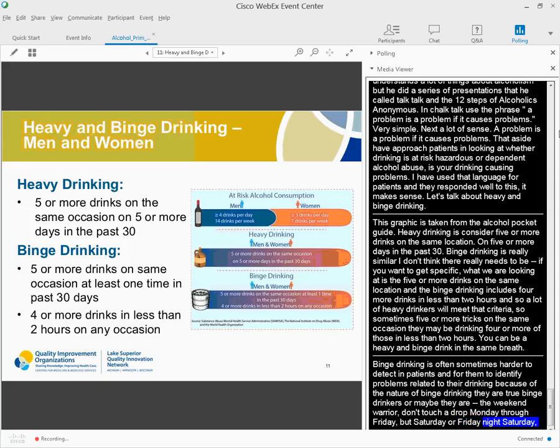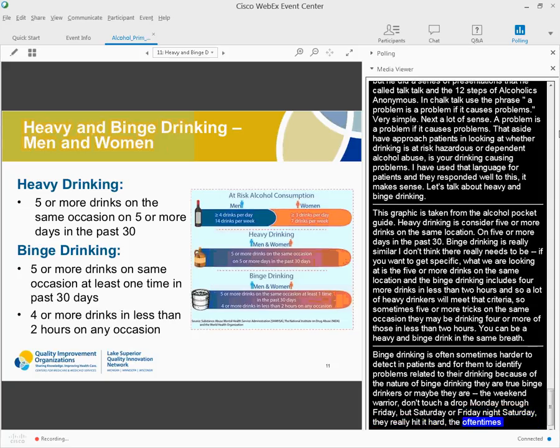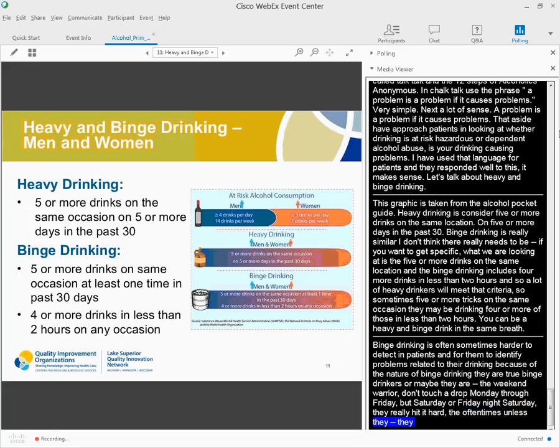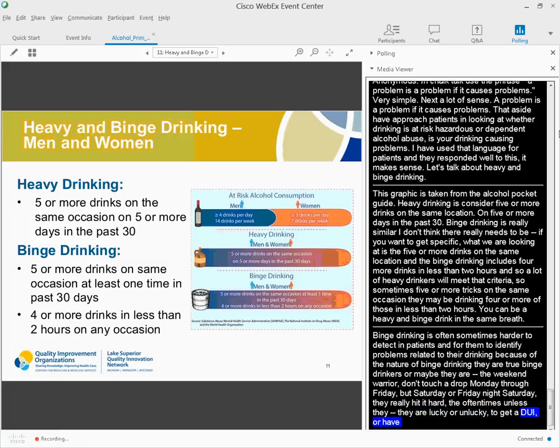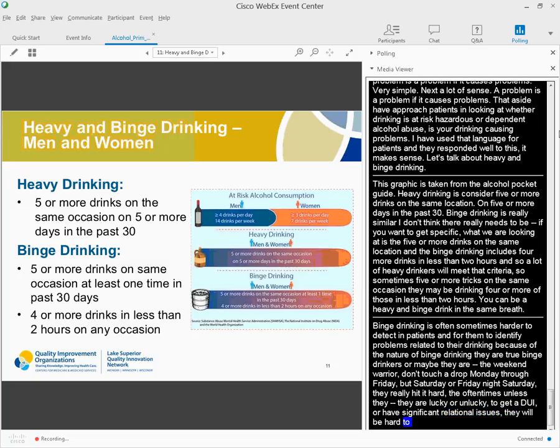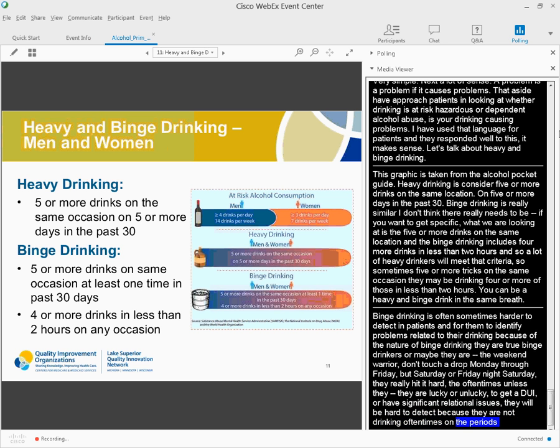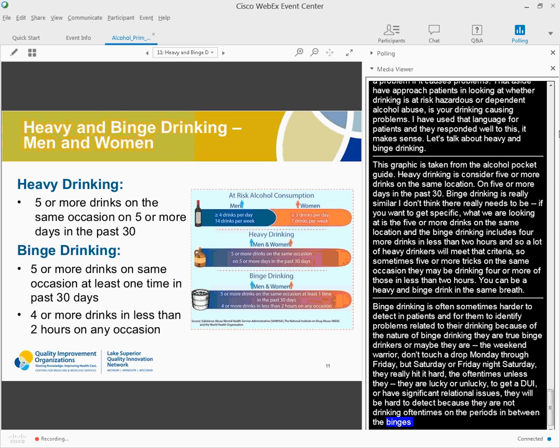Unless they're lucky or unlucky enough, depending on how you look at it, to get a DUI or have significant relational issues at home, they're going to be hard to detect because they're not drinking oftentimes in the periods in between their binges. So those patients can be a little hard to detect.